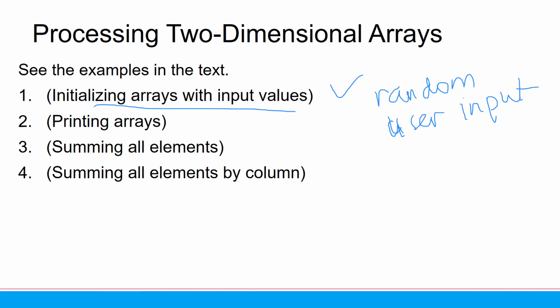After you have the input, you can print the arrays. Maybe you want to do something, for example, summing the elements. You may want to sum all the elements, or only the columns, or only the rows. That's also possible. In this section, I just want to show you summing all elements by column.